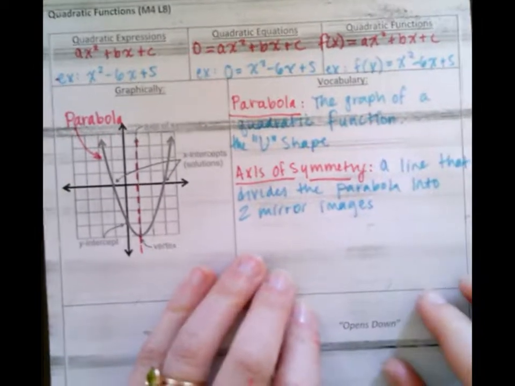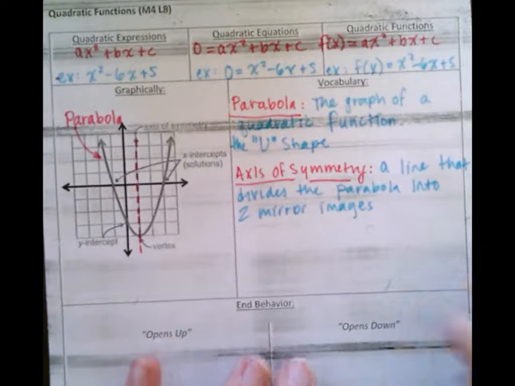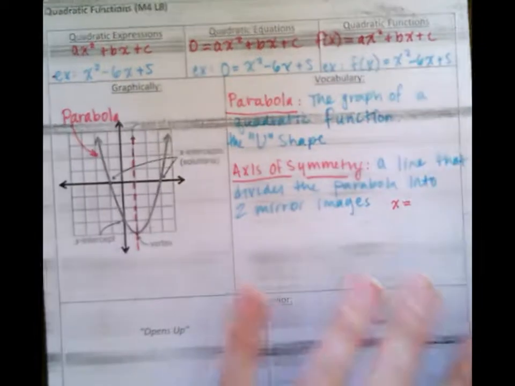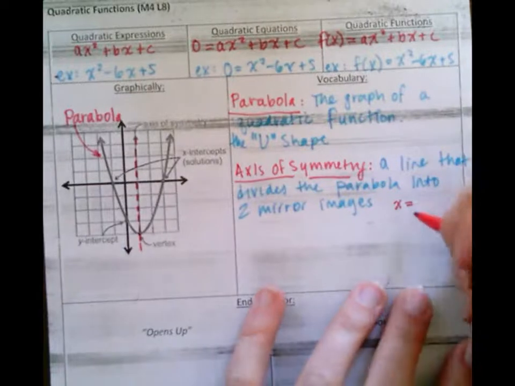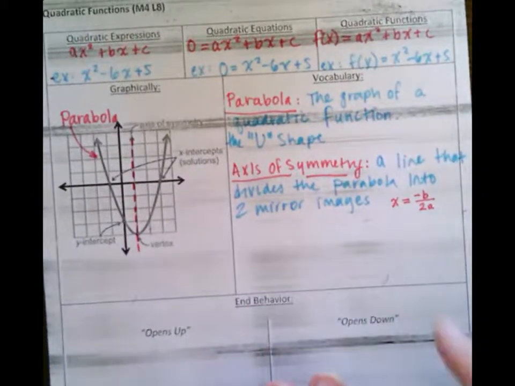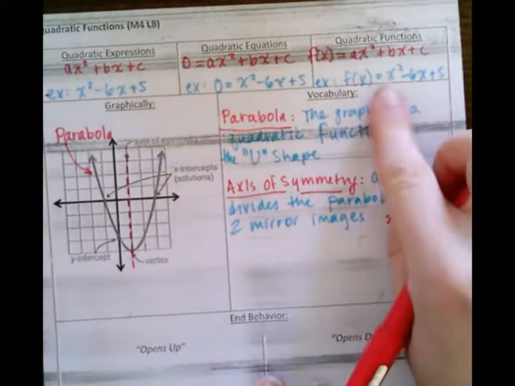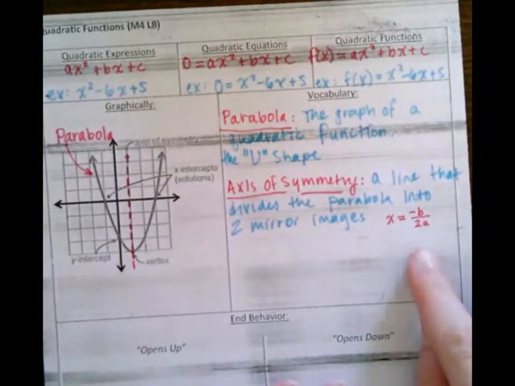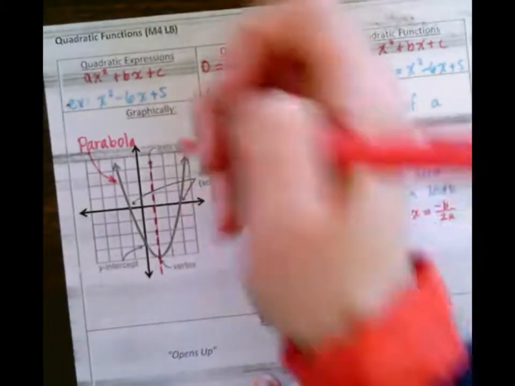Given a quadratic equation in standard form, there is a formula that gives us the axis of symmetry, which will always be negative b over 2a if you have a quadratic function like ax squared plus bx plus c. I'm going to denote that on our picture as well.